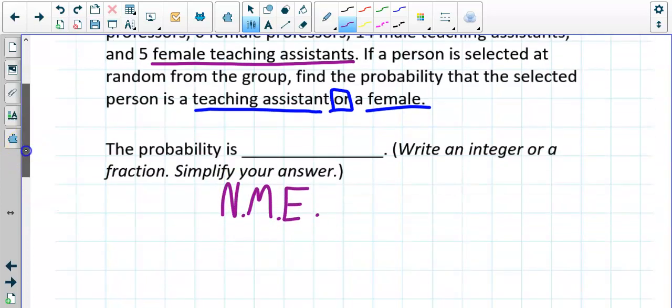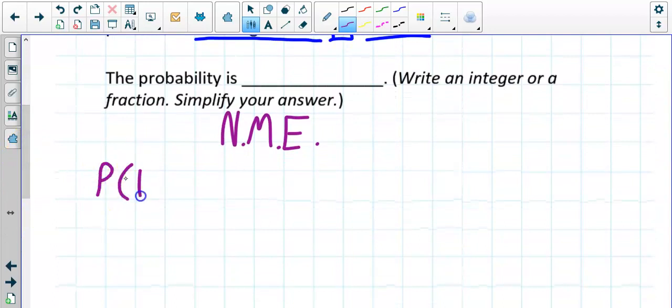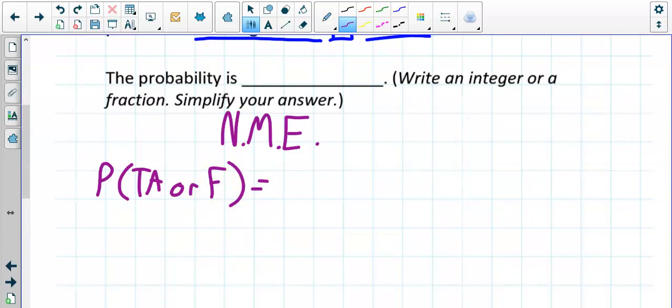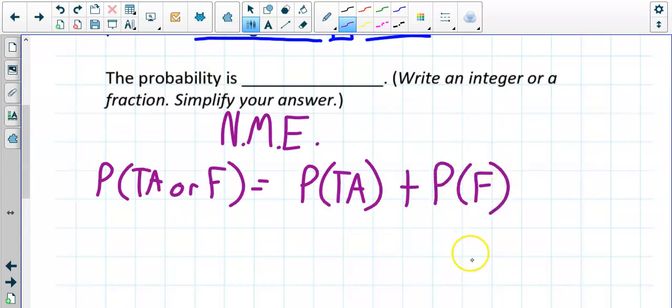So let's talk about the probability of this. We want the probability of being a teaching assistant or female. In order to do this, we're going to find the probability of a teaching assistant and add that with the probability of female. But the problem is if I do these two and add them together, we're counting those people that are female and teaching assistants twice. So what we need to do is subtract off the probability of a female teaching assistant in the end, because again, we counted everybody twice.